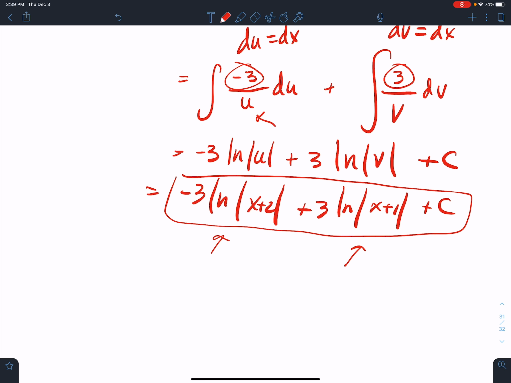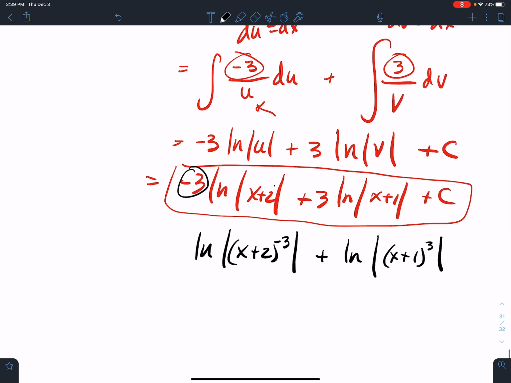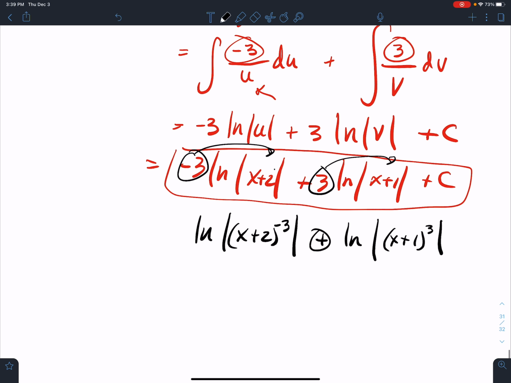Now, they could get a little fancy here. They could say, okay, this is cool. Back of the book might be like, but this can simplify. And a logarithm property says that this goes up into the exponent there. So I'd have ln absolute value x plus 2 to the negative 3, and then plus ln absolute value x plus 1 to the positive 3. So power rule, bring it up, right? And then addition with logs is the same as multiplication.